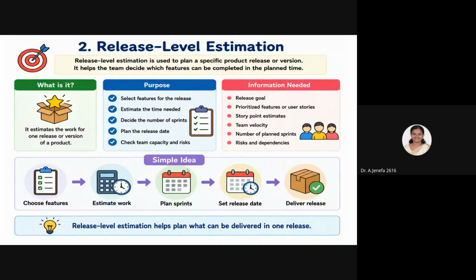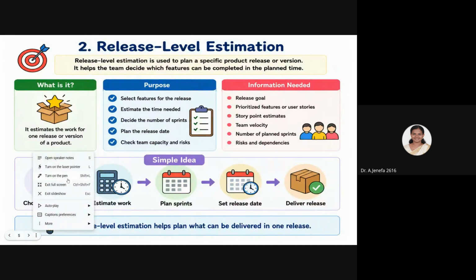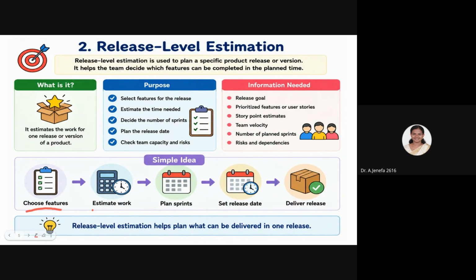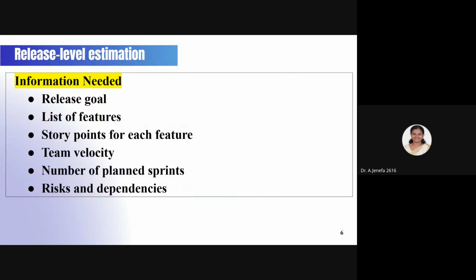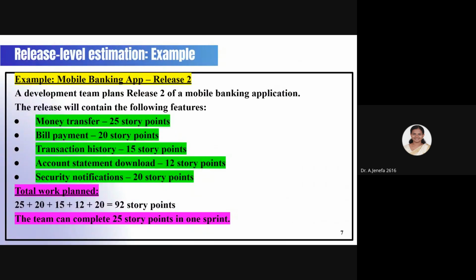So choose features, then estimate work, then plan sprints, then set the release date, and then delivery. These are the things we plan before we start the part of the project. Okay, let's move on to an example for release level estimation. In yesterday's class we discussed the problem with project level estimation.